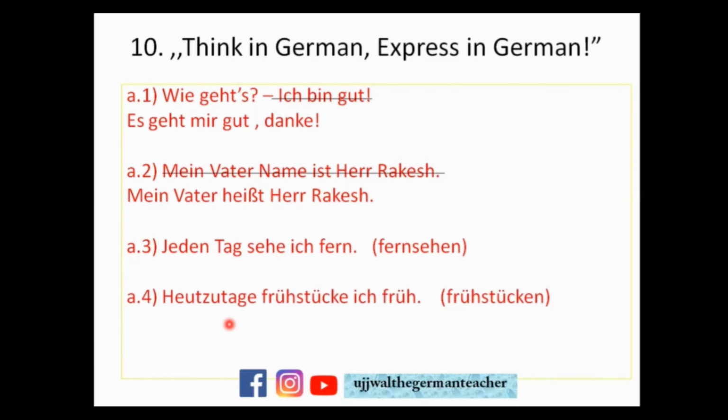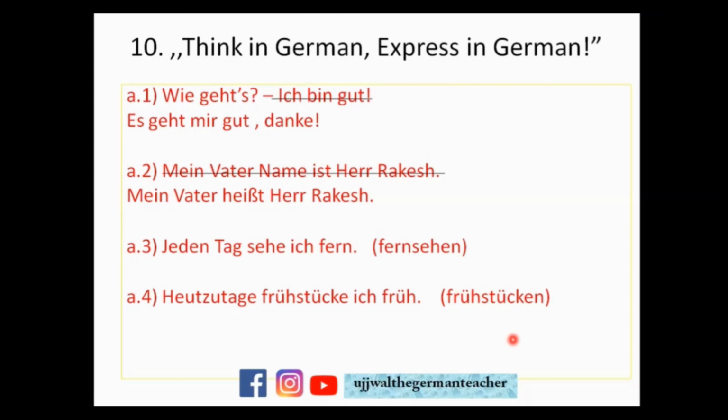Next example, "Heutzutage frühstücke ich früh." Right. So nowadays I do my breakfast early. In English, you are saying, okay, I do my breakfast or I have my breakfast. You do not require to do or to have. Frühstücken is a verb and it's related to your breakfast, so you can directly use it.